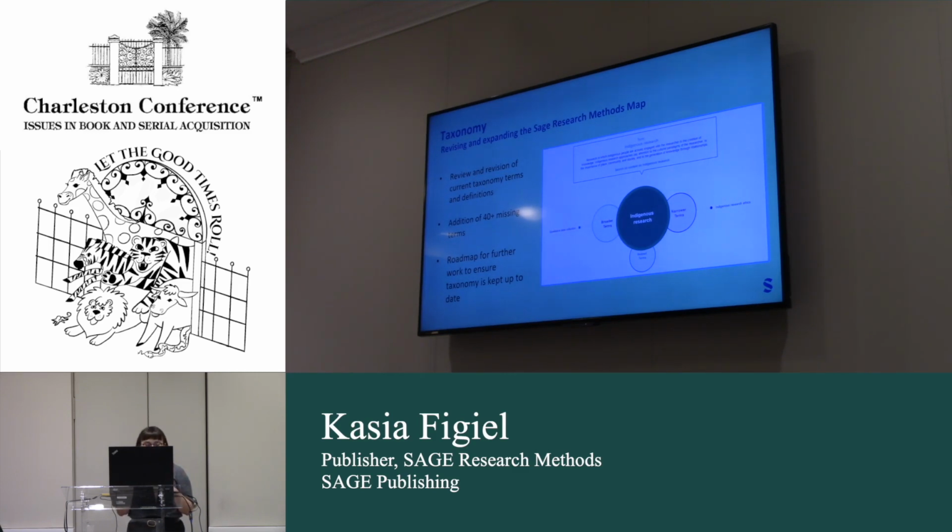As part of this project and working on the new collection, we have also looked at reviewing and revising both the taxonomy terms as well as the definitions that are used there on the map, and we'll be adding a significant number of new terms with the launch of the collection. But we also have created a much longer term roadmap for further work to ensure that we are not only keeping up with new changes and new thinking in the area, but continue to revise and improve the taxonomy of the platform.